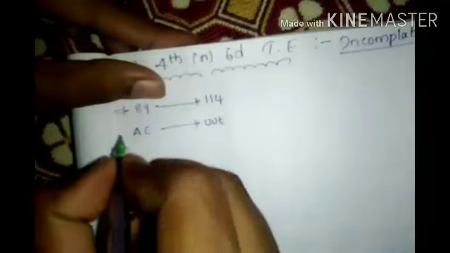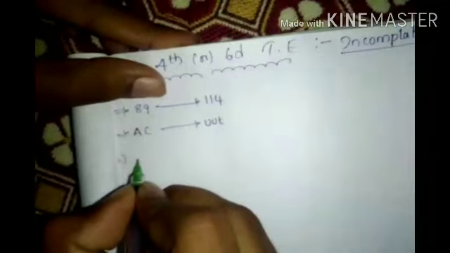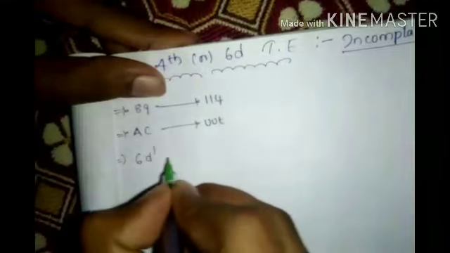Okay, this electronic configuration is 6d1 7s2, 6d2, 6d3, 6d4, 6d5, 6d6, 6d7, 6d8, 6d9 missing.